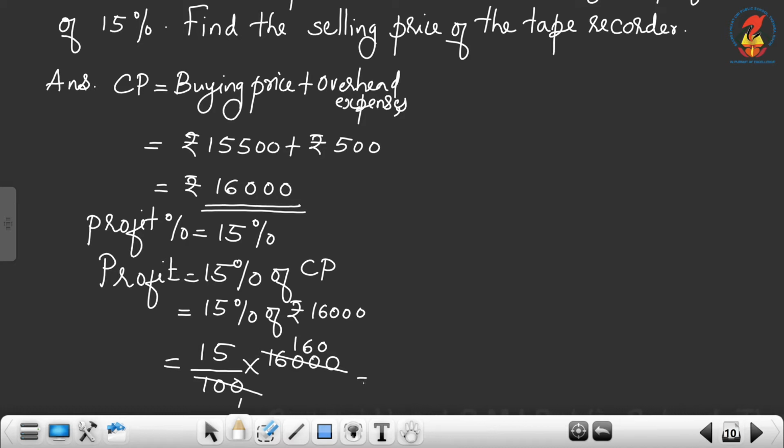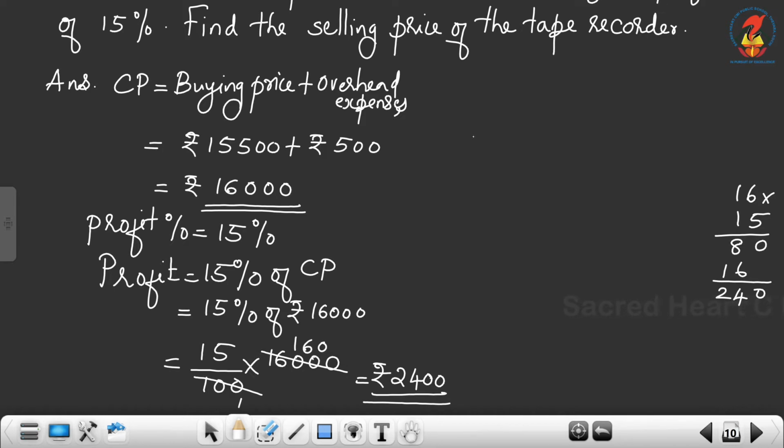Then we have to find out 160 into 15. So you will get rupees 2,400. The profit is rupees 2,400.